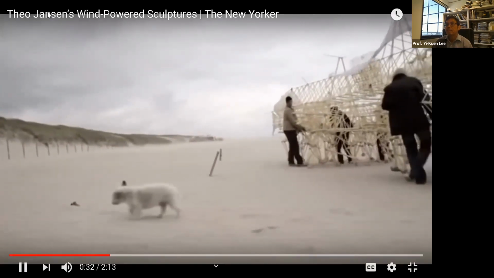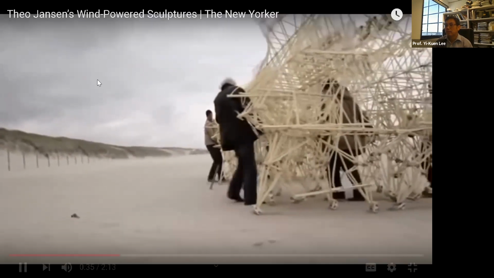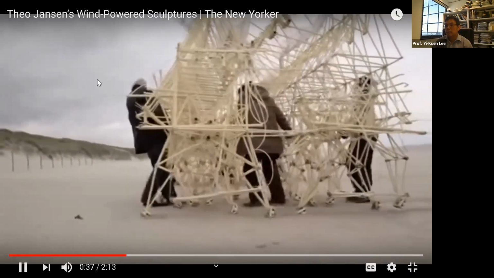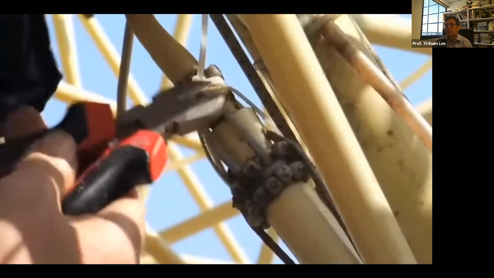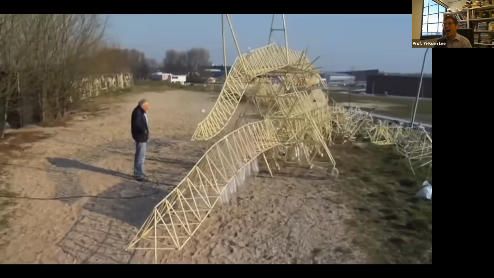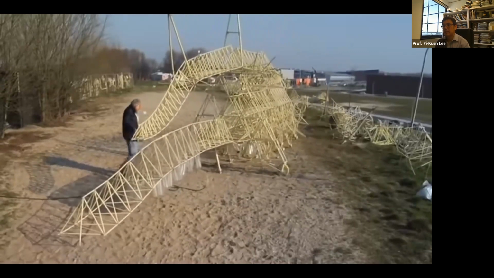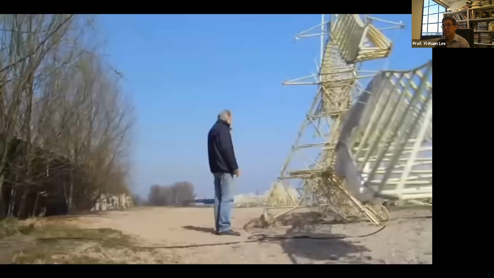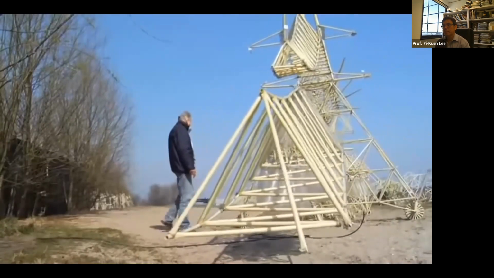Theo has worked in a number of different forms, but in 1990, he began making sculptures out of PVC pipe, plastic pipe. Sculptures whose purpose was to walk on the beach and throw sand up onto the Dutch dunes in order to help preserve them from the rising sea.